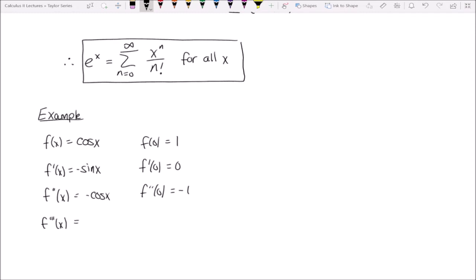The third derivative is sine x, evaluated at 0 gives us 0. If we take a look at the fourth derivative, we're back at cosine x.